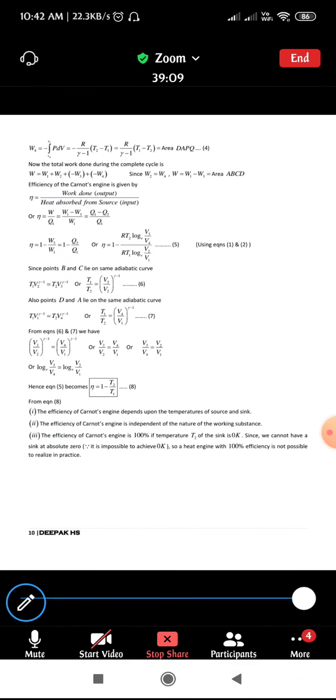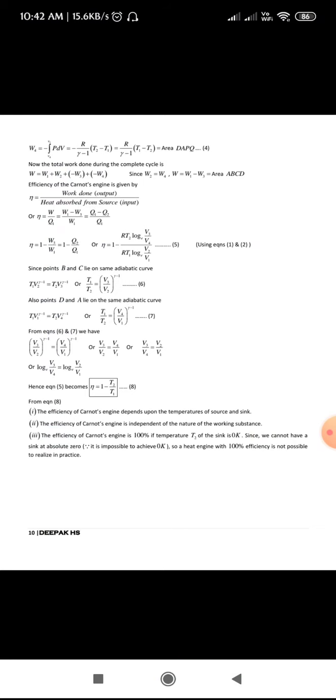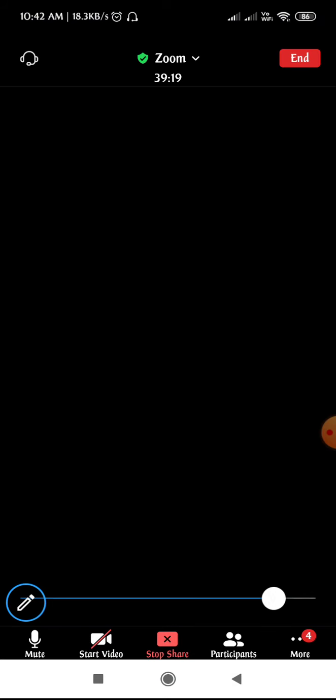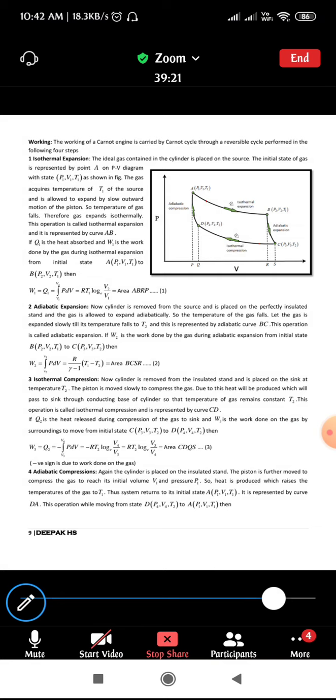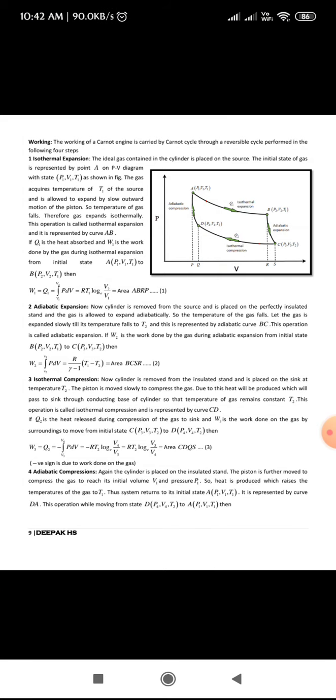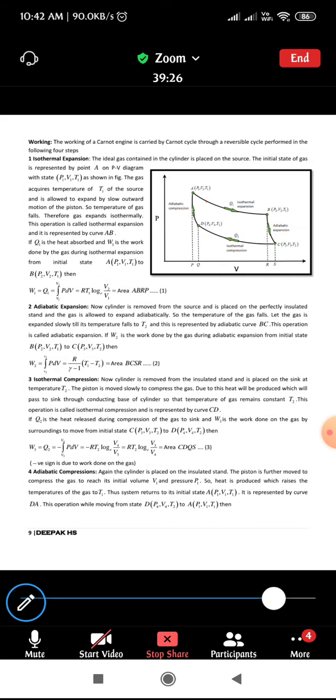Just go through this till here, till W1, W2, W3 and W4. The mathematical steps we will discuss in the next class. Just go through the working of this Carnot cycle carefully and practice the equations.